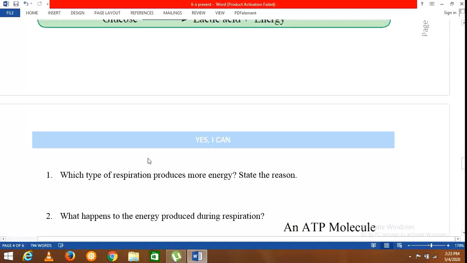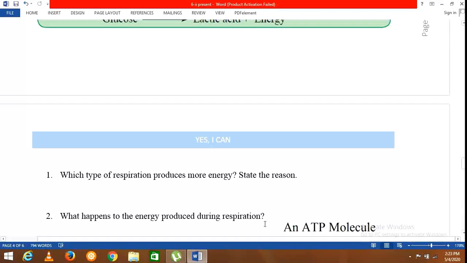Here you are asked which type of respiration produces more energy. State the reason. So out of anaerobic and aerobic respiration, aerobic respiration produces more energy. The reason is during anaerobic respiration, glucose molecules are broken down incompletely. But during aerobic respiration, complete breakdown of glucose molecules takes place.